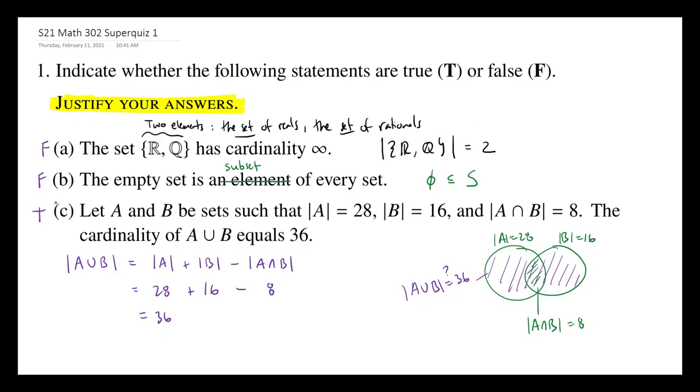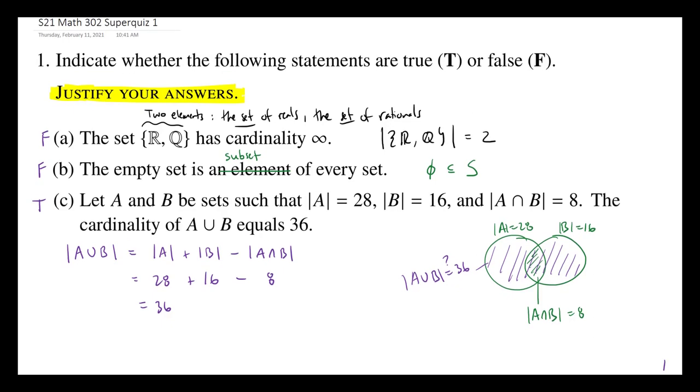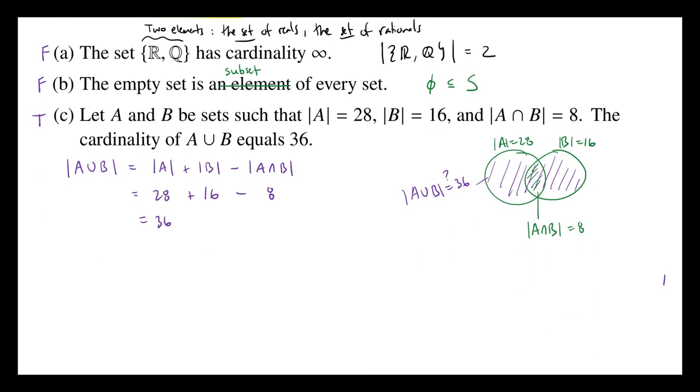But what if you didn't know this formula, which I assume is the case for most people? Then you have to reason this out. A has 28 elements in it, and we also know that 8 of those elements are also in B. So let me redraw the picture so that we don't have all the colors in our way.